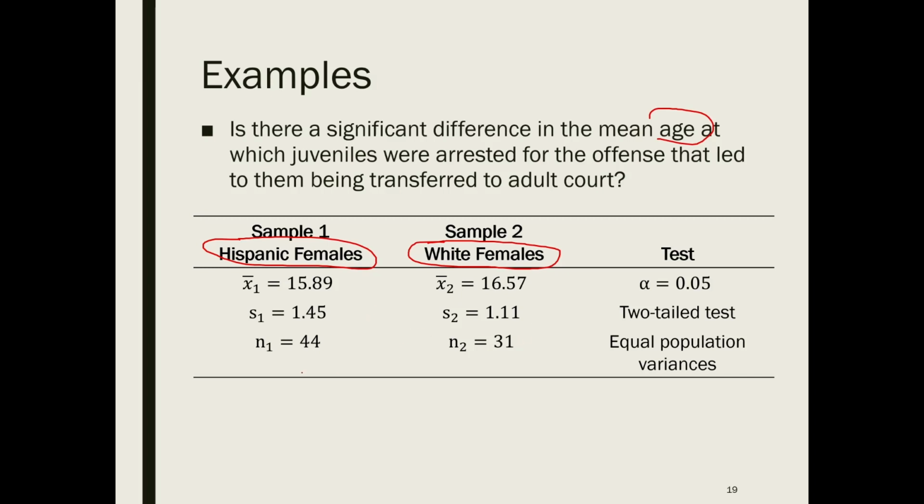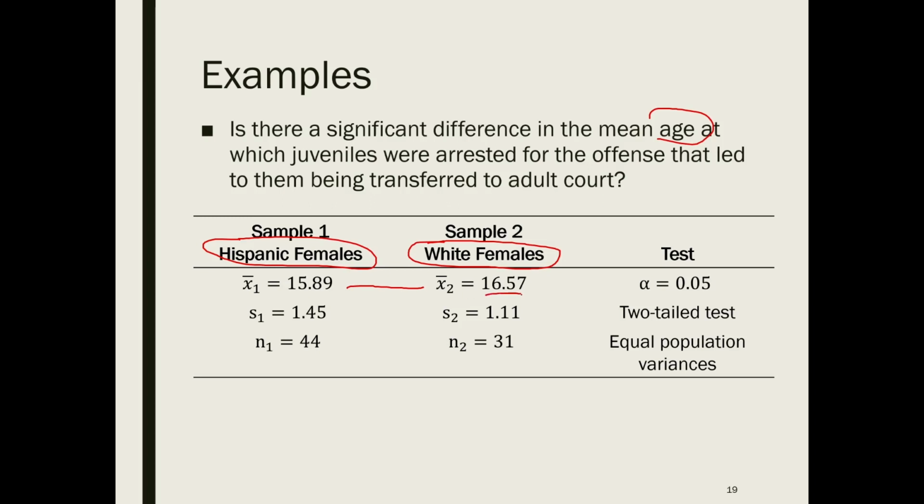Now, if we simply compare the mean of the Hispanic female sample and the mean of the white female sample, you can see a little difference. It looks like the white female juveniles are a little bit older when transferred to adult court compared to the Hispanic females.